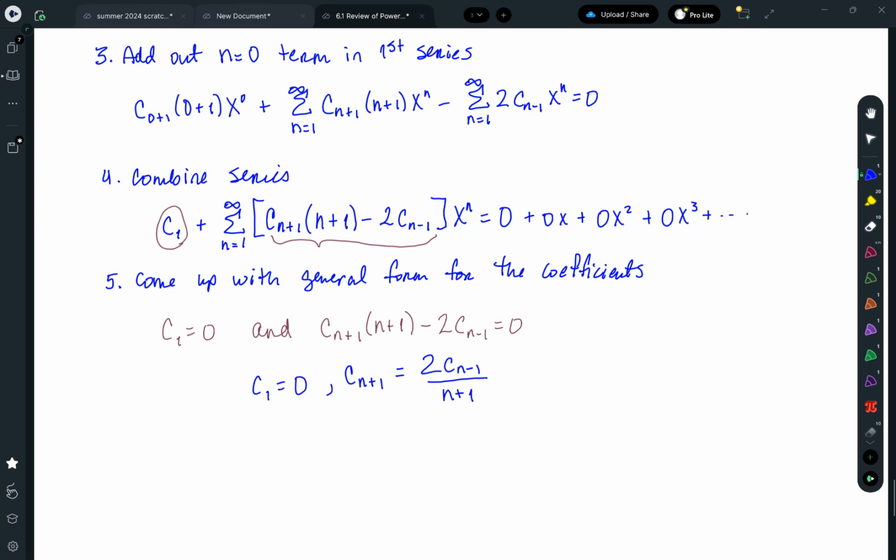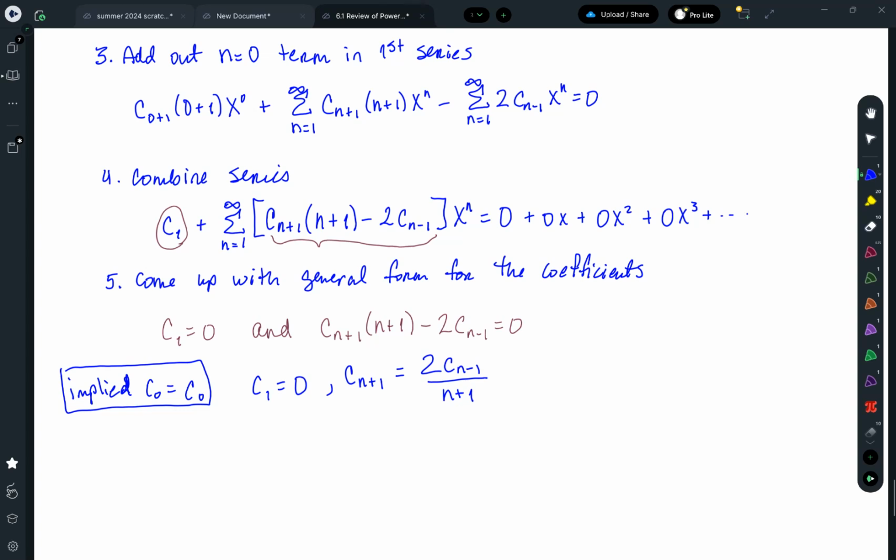What we don't have any information about, like it's missing, is there's an implied C naught equals C naught. There was no information given about it, but I need to assume that C naught is part of this whole game here, because our solution should be y of x equals C naught plus C1x plus C2x squared plus C3x cubed, and so on and so forth.